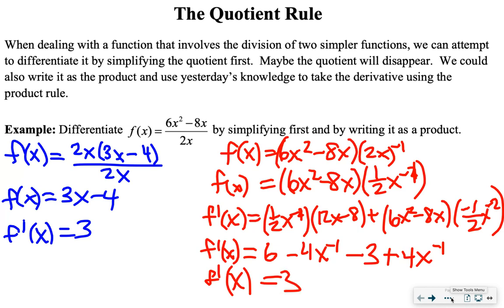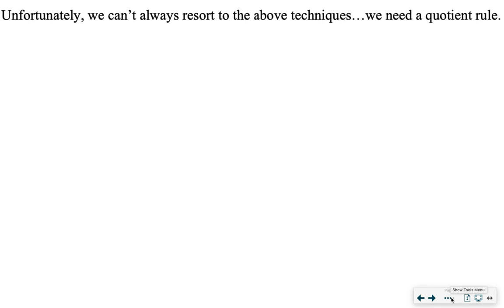Right? So that's a couple ways that we can do it. This isn't always going to work. Right? Unfortunately, we cannot always use those techniques, so we need the quotient rule.